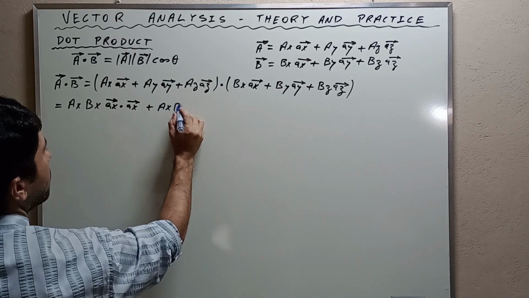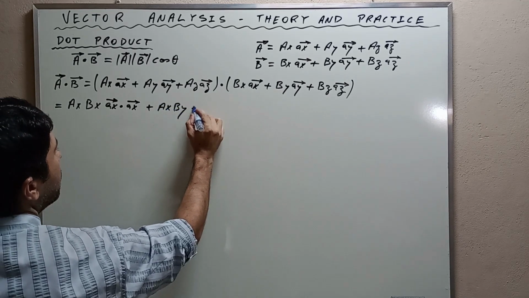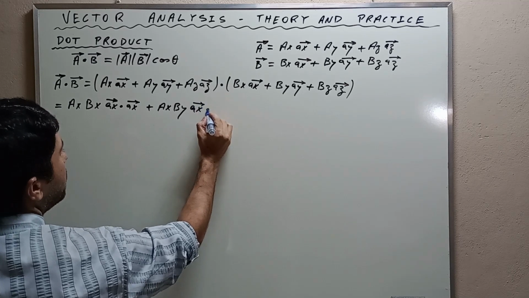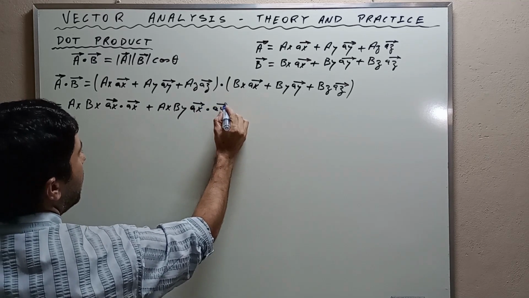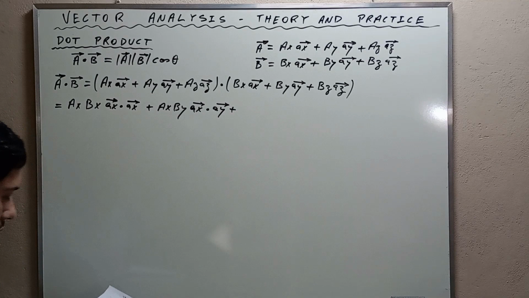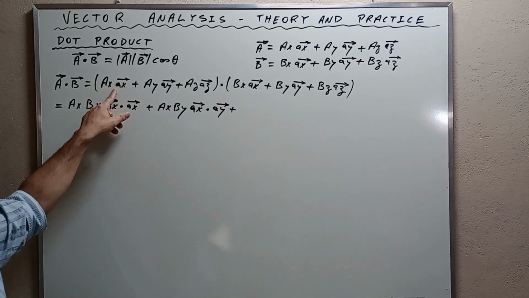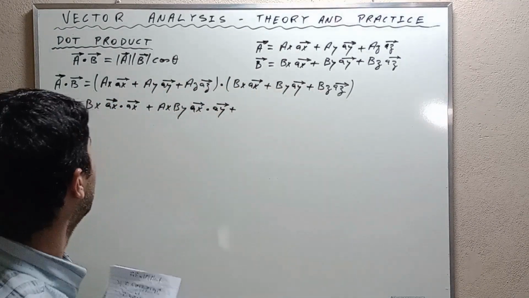Ax by ax in a dot product with ay, and we compute now this times this.